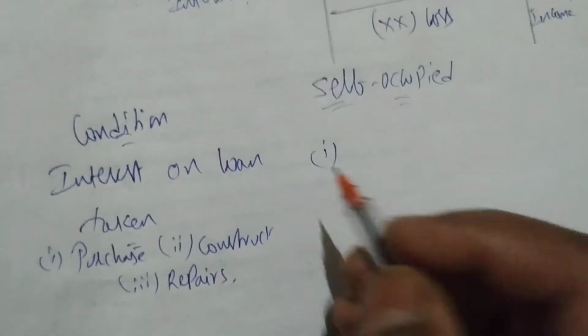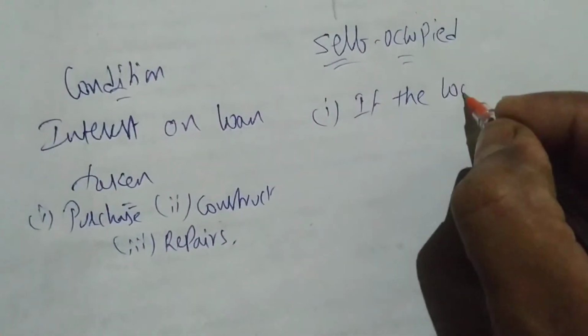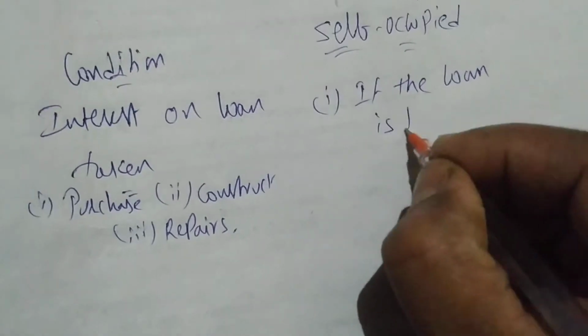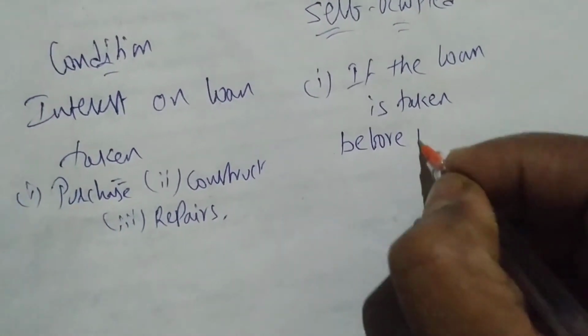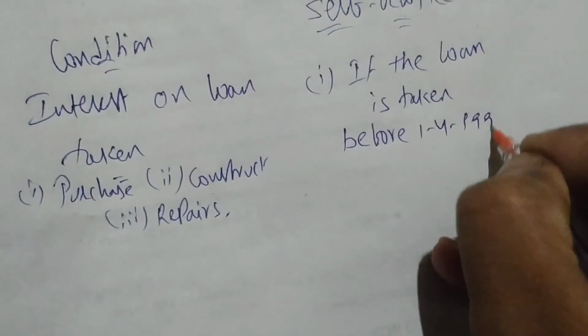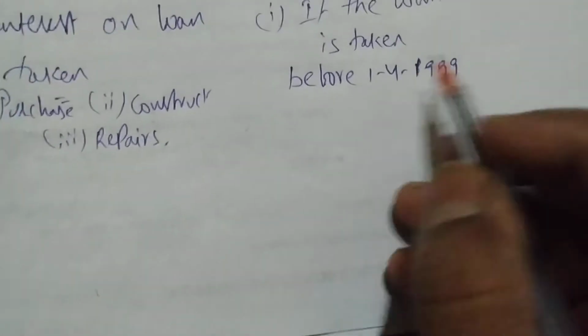This is important. So first condition: if the loan is taken before, we are saying before what? 1/4/1999. 1st April 1999. This will be given in the question. The dates and years will be given.